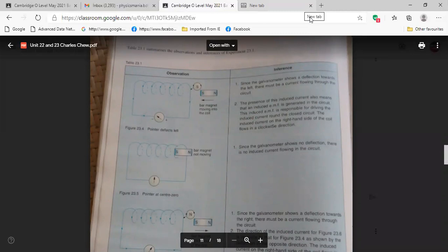Now we are going to see the idea in a different way. If it is not a straight wire but a coil, then what will happen? That is also Fleming's right hand rule, but we are learning it in a different way. You are supposed to have learned it in topic 17, magnetism and electromagnetism.